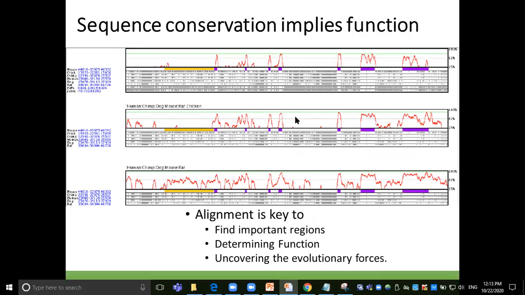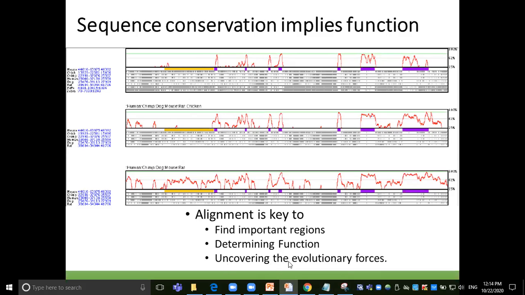What we do here is try to find similar regions. Those similar regions in all 8 species, we call a conserved region.